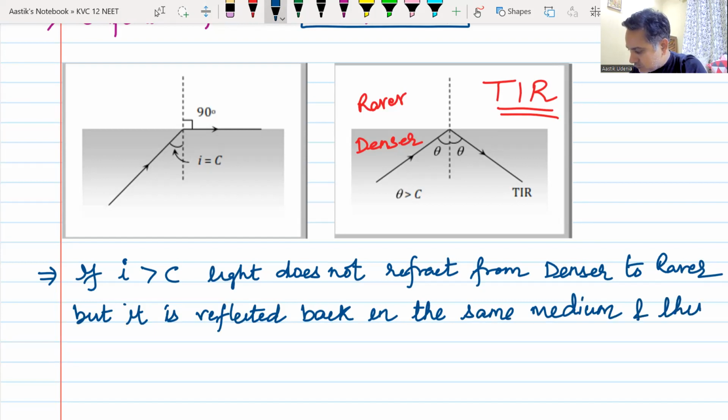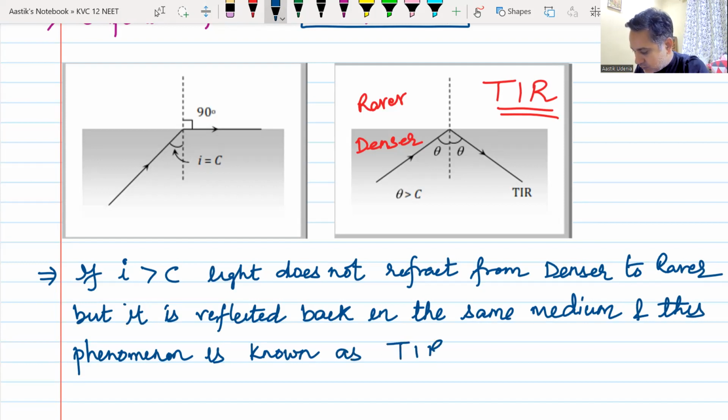And this phenomenon is known as TIR, total internal reflection. I'll give you 1 minute to note it down.